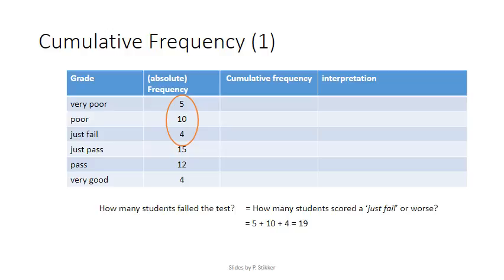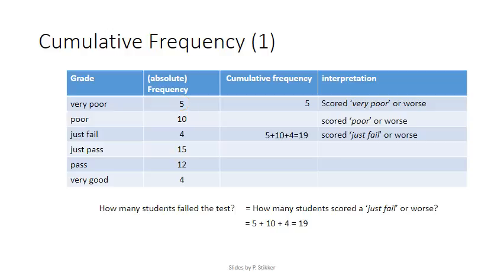A fancy word for adding up is to accumulate, hence the name cumulative frequency. This 19 is the cumulative frequency of the just fail category. The interpretation is that 19 students scored a just fail or worse. We can do this for each category. For the first one, it's simply the number of students who scored very poor or worse, which is the 5 that scored very poor.